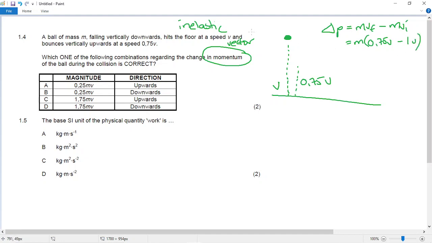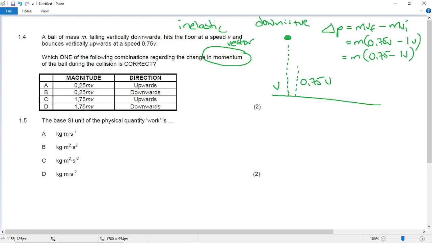When I said this, did I actually give a vector direction here? I have not given a vector direction, so I will get the wrong answer unless I describe a vector direction. So if I say down is positive, okay, what happens to this equation over here? It becomes m times 0.75v minus, because it's always final minus initial, down is positive, 1v.